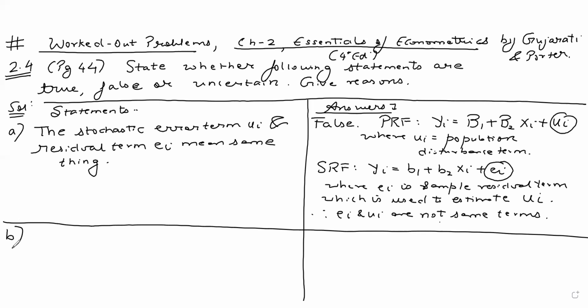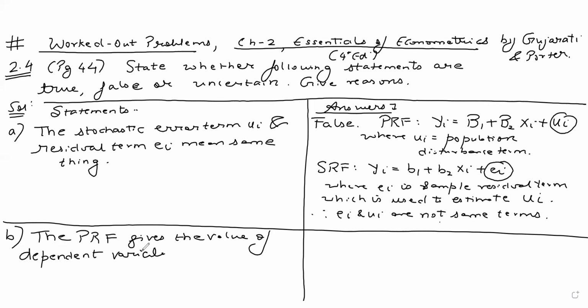Let's look at statement B. Statement B is that the population regression function gives the value of the dependent variable corresponding to each value of the independent variable.